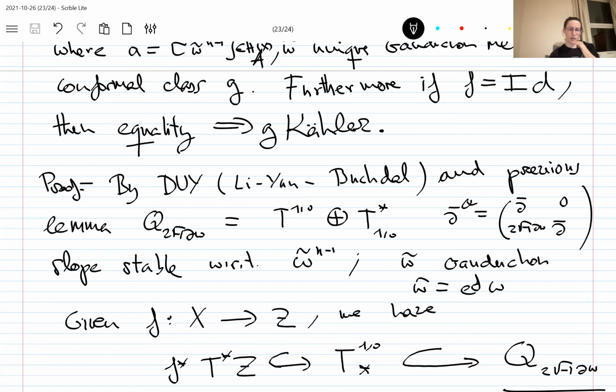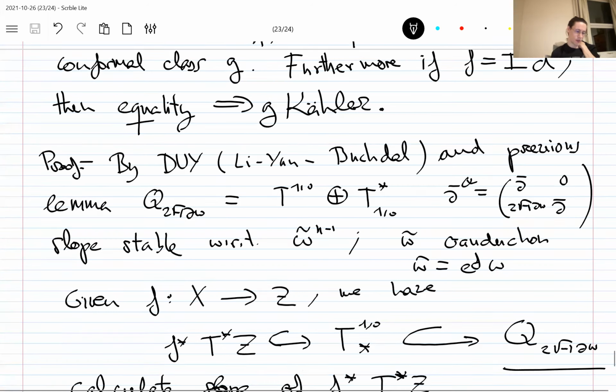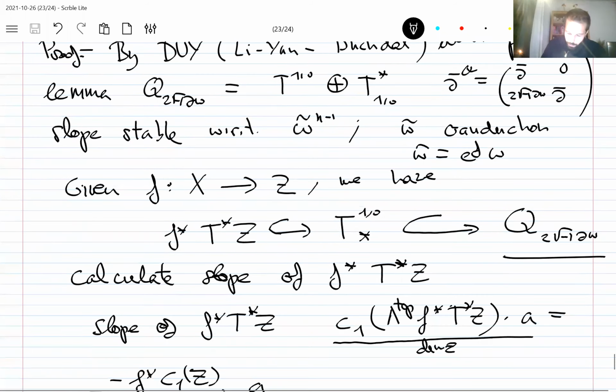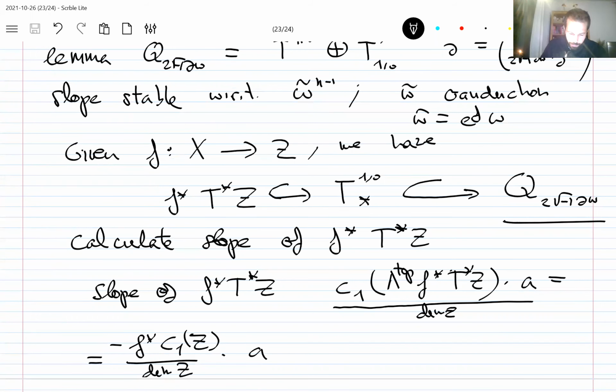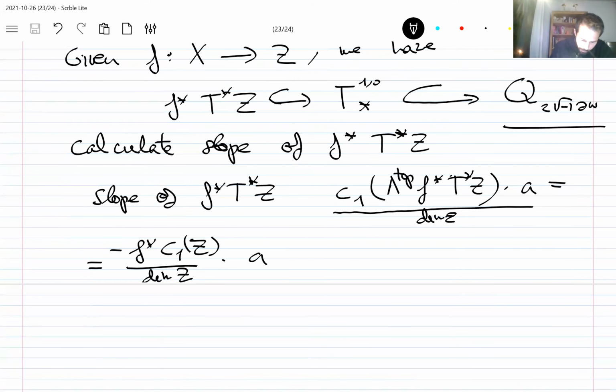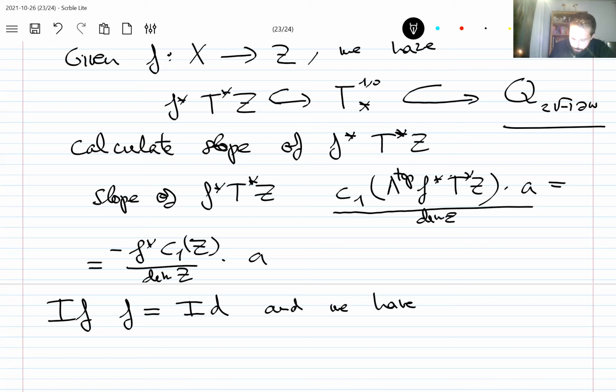I see. And can you say again about that comment when you have the identity? Okay. So in case we have the identity, if F equals identity and we have equality, then because the bundle is slope stable, it has to split.